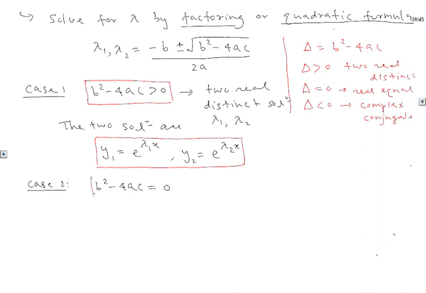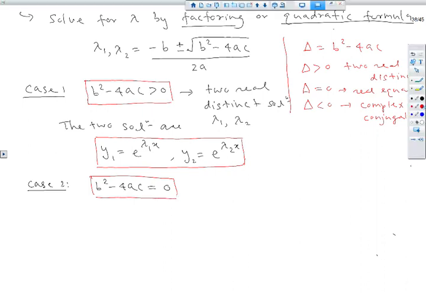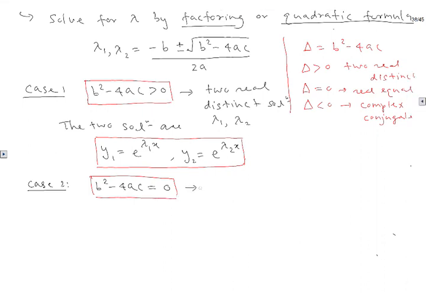So that means we have real repeated roots, repeated solutions. We can call them lambda 1 and lambda 1. We write it twice just to make sure that it's a repetition, because it's important.